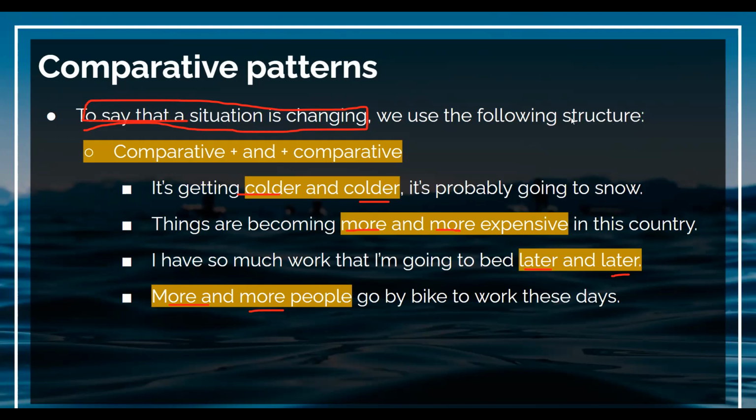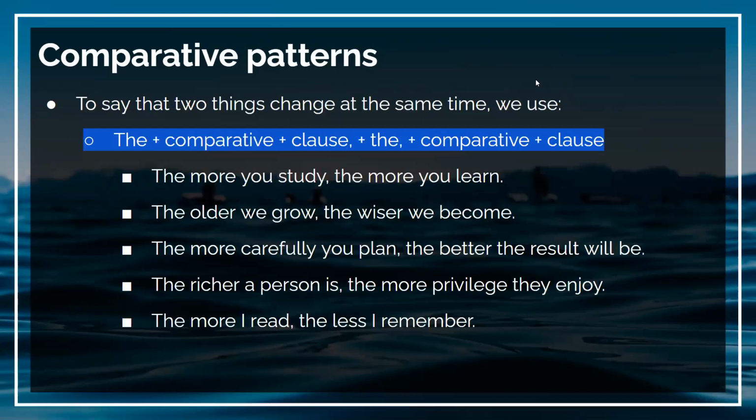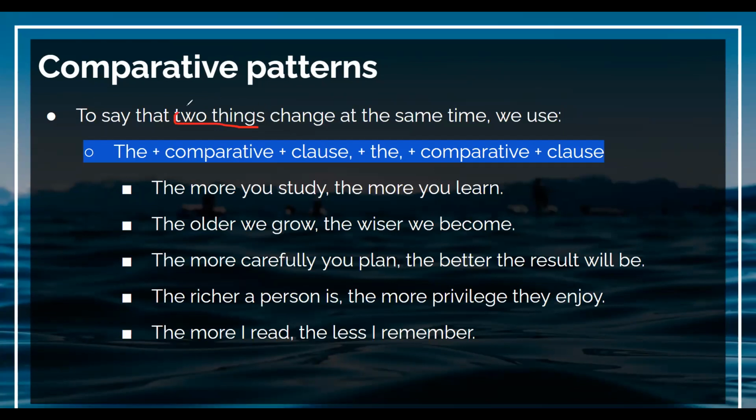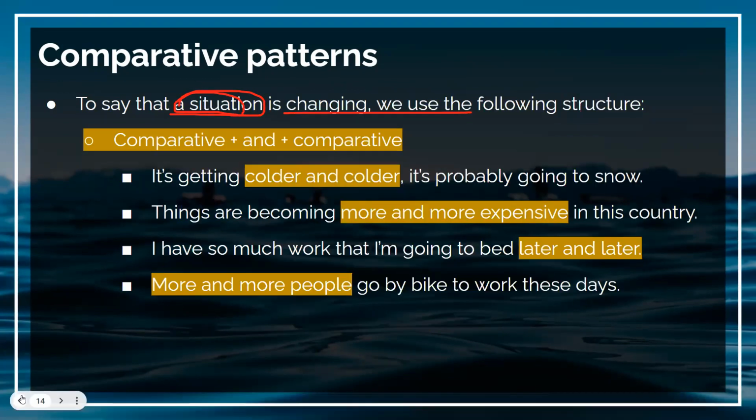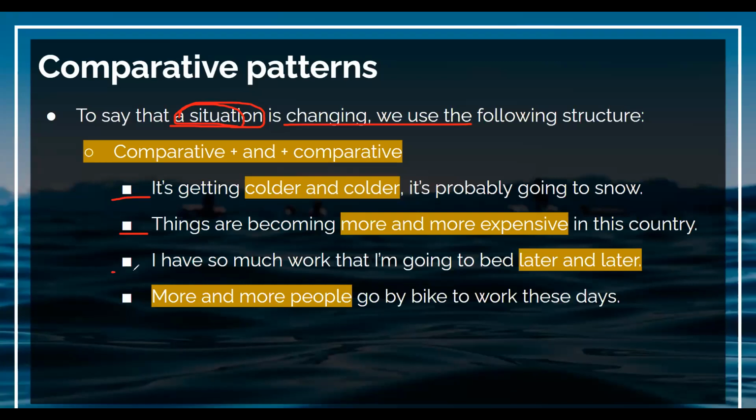And then lastly, we have another comparative pattern, which is to say that two things, this is important, two things change at the same time. So with the previous structure, we only describe one situation, okay? We can describe, for example, the weather, the price of things, the time you go to bed, and the amount of people that do something.